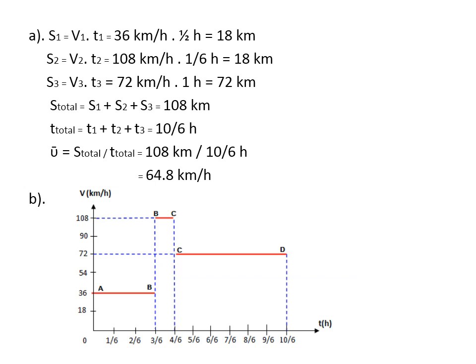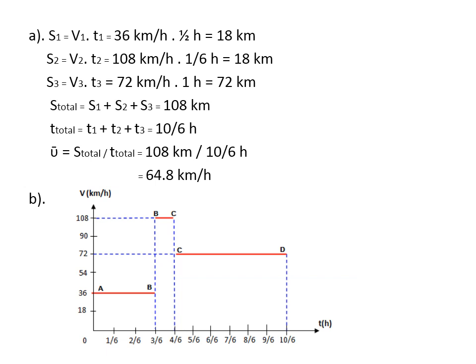Because the first motion is from A to B with constant velocity 36 km per hour in half an hour, or 3 per 6 hour, the graph is a constant line AB with velocity 36 km per hour.